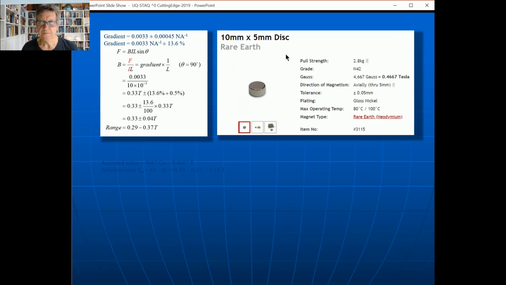But the pull strength. Look, if you're ever interested in doing the pull strength of these magnets, what you need is, well, in America, a 3-inch by 3-inch plate that's 1/8 of an inch thick. So in metric terms, you could just use a 10 centimeter by 10 centimeter steel plate, maybe 5 millimeters thick.